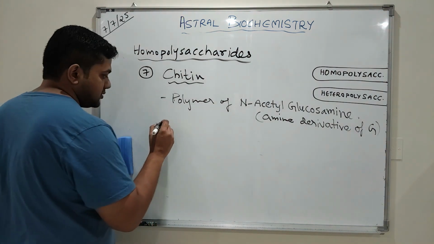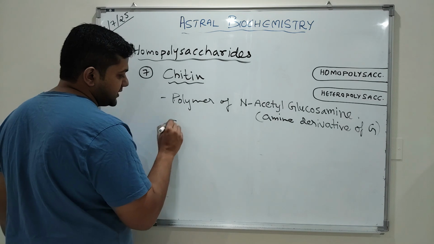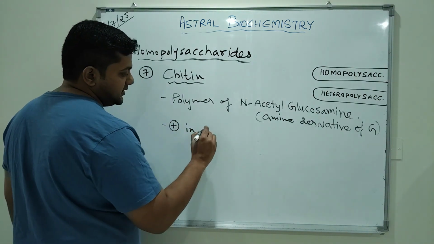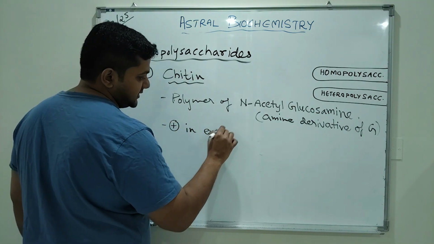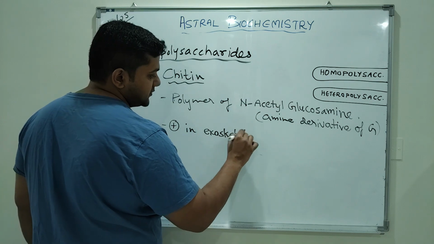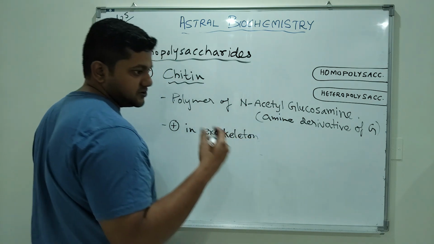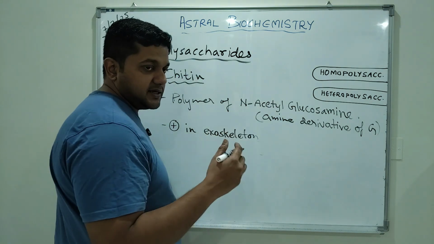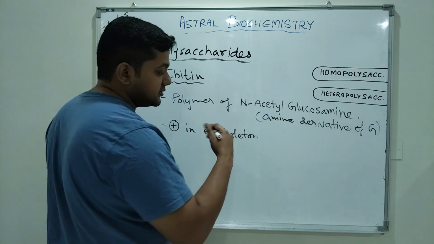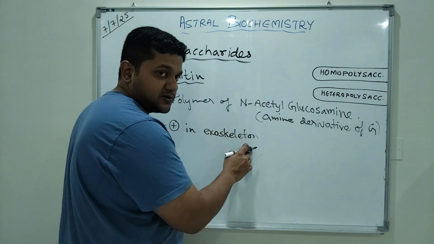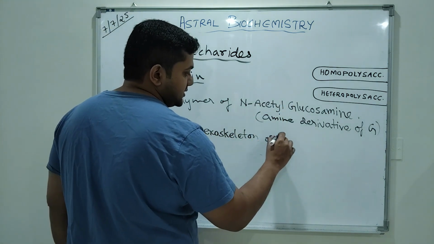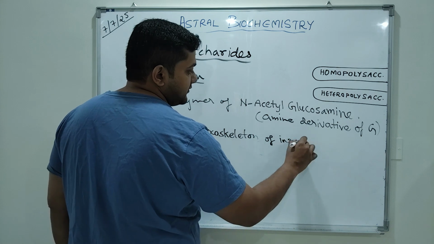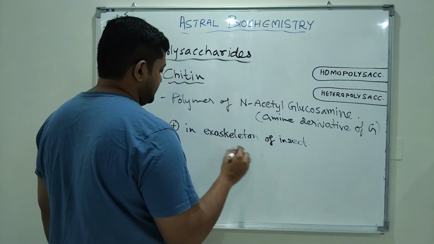Now chitin is present in the exoskeleton of insects. If you observe insects like cockroach, it will have an outer covering, right? That outer covering is known as the exoskeleton. Such exoskeletons will have the main component as chitin.